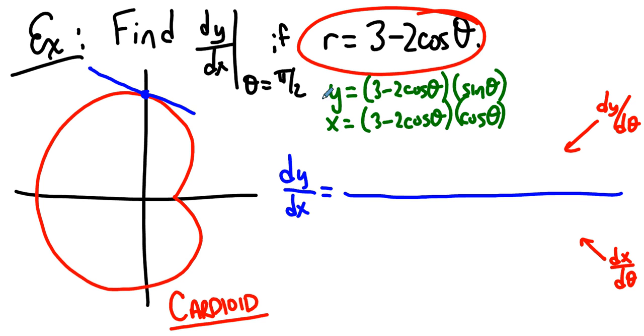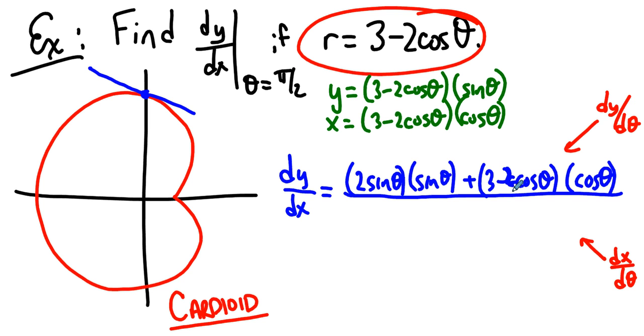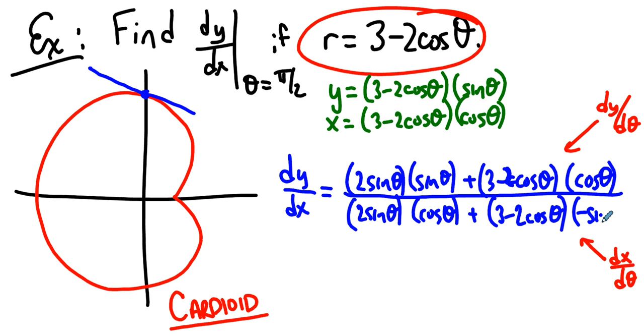So when we find those derivatives, we do it with the product rule. Product rule says that the derivative of this product is derivative of the first times the second plus first times derivative second. The dx d theta is the derivative of this product, and that's derivative of first times second plus first times derivative second, and we evaluate at pi over 2.